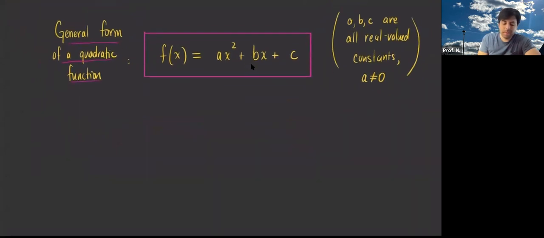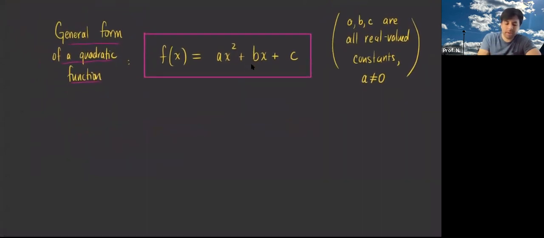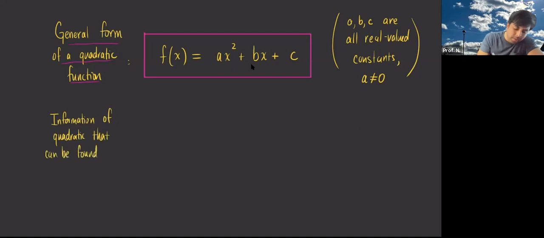Now, what kind of information can I gather just based upon this form? There are several pieces of information that I can figure out. This is the information of a quadratic that can be found from its general form.